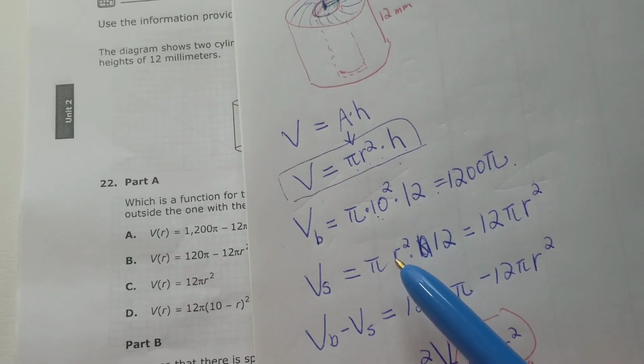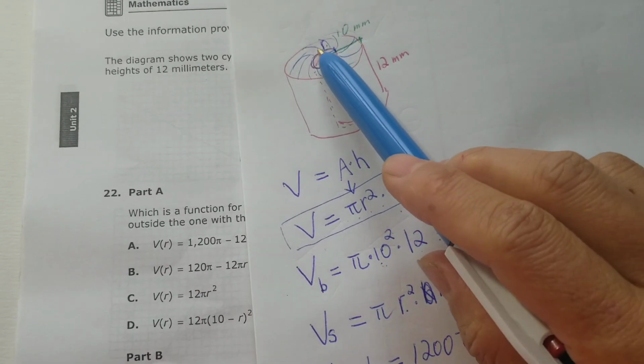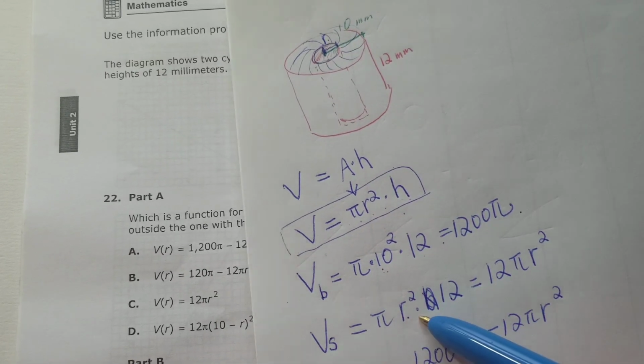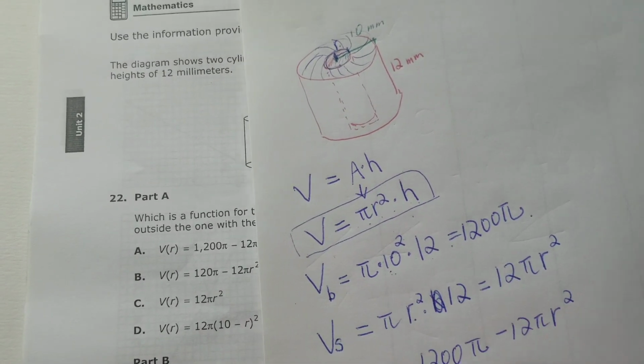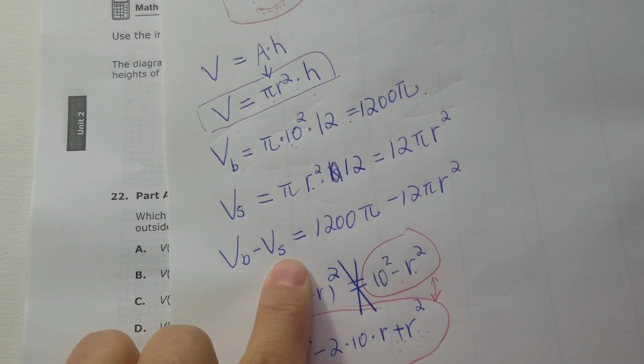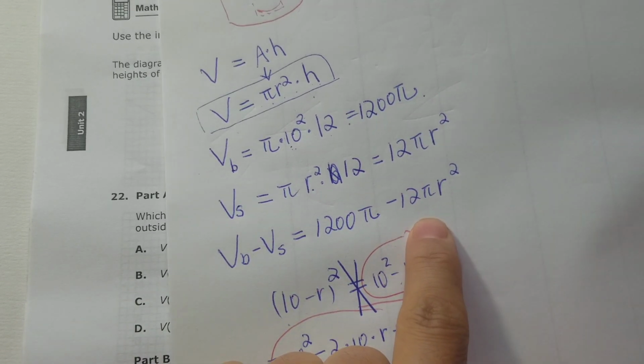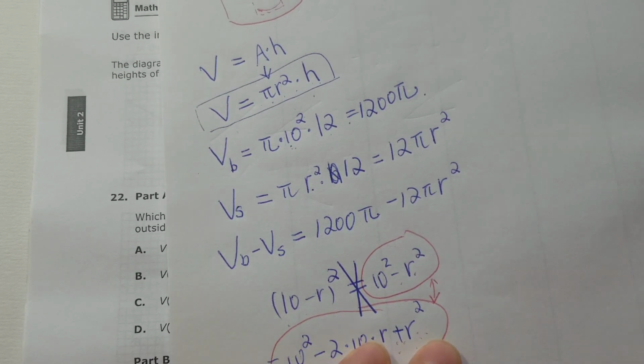We find the value of the hole, the smaller cylinder, by using radius equal r. And then subtract the smaller cylinder's value from the bigger one. This is what we have. And this is all about question number 22, part A.